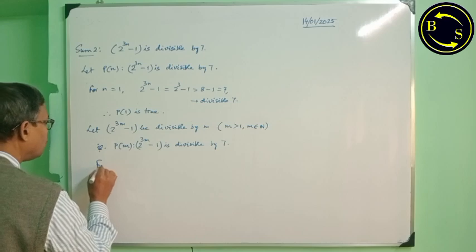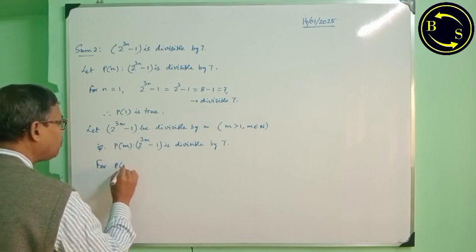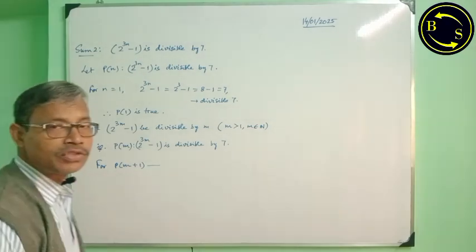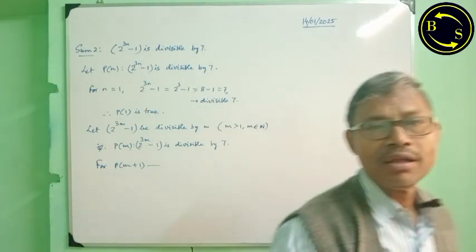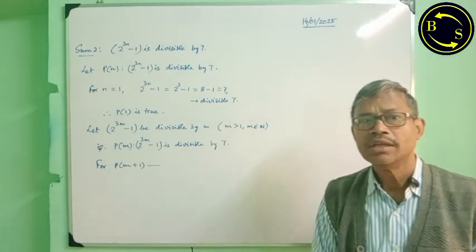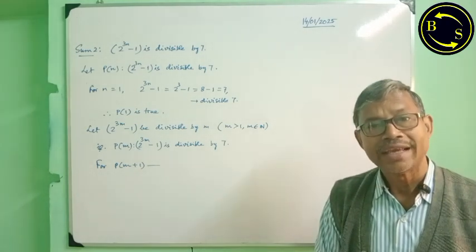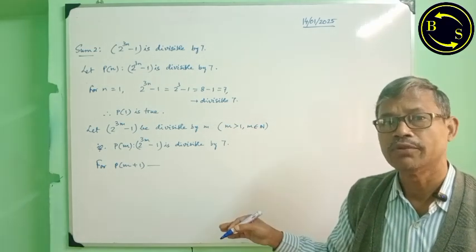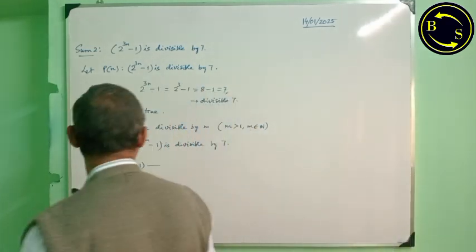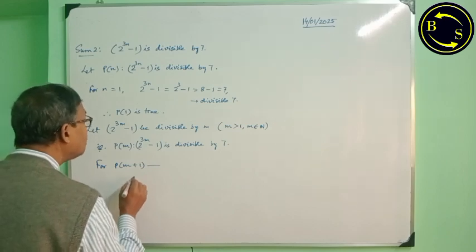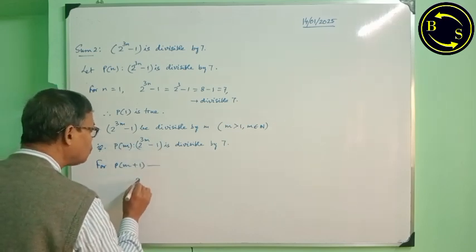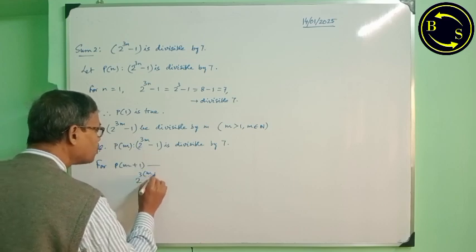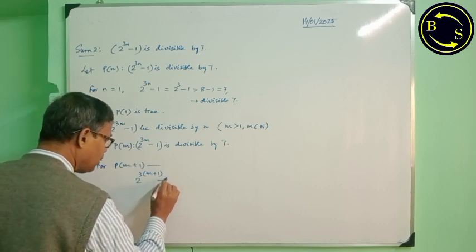For Pm plus 1, follow these steps carefully. From my experience, I have seen students express it wrongly. That is why follow these steps carefully. This expression will be in that case 2 to the power 3, in place of m it will be m plus 1, minus 1.